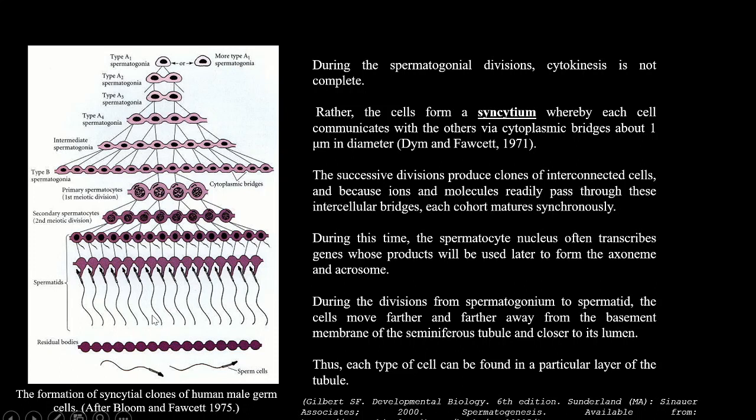And as we can see, during these divisions, the cells move farther and farther away from the basement membrane. So if here there is a basement membrane, as the division is taking place, they are moving farther and farther away from the basement membrane and going towards the lumen of the seminiferous tubule.